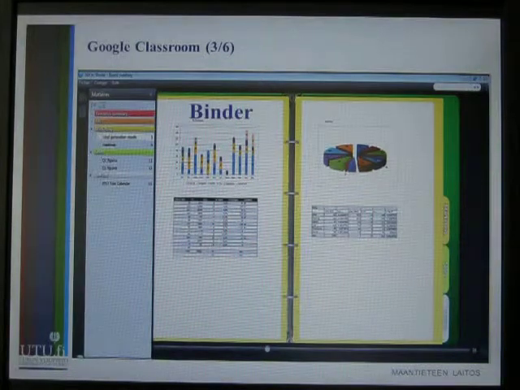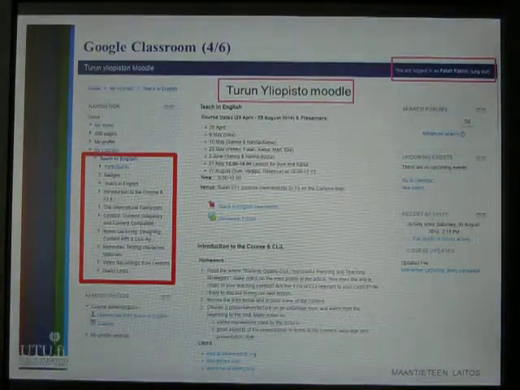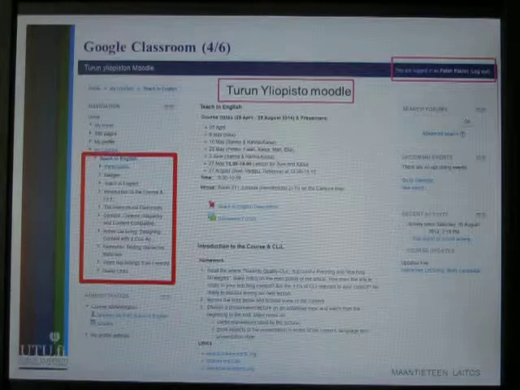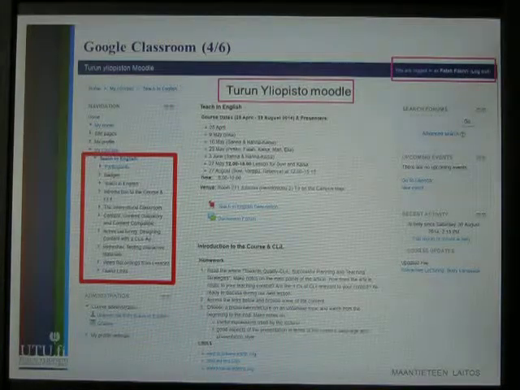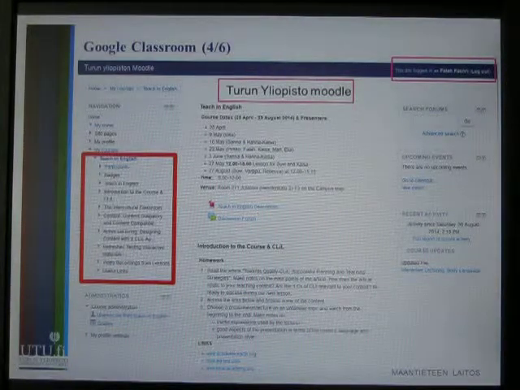It looks like a binder, so the teacher gathers all the assignments of his students and all the discussions during the course in this electronic binder. Actually, it's similar to the model of the University of Turku. For example, I participated in a course on teaching English, and our teacher gave us the password to log in to this platform, and then we added our information.